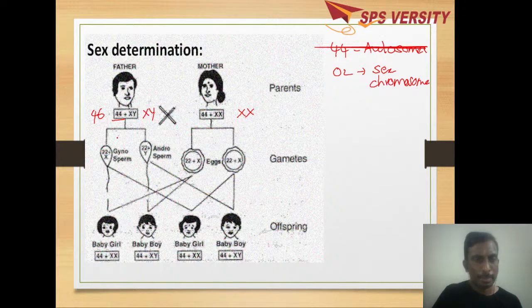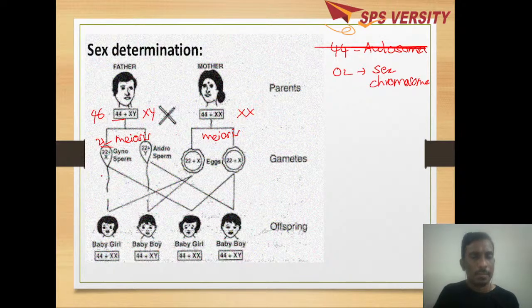Meiosis takes place in both during the formation of gametes. In males, by the end of spermatogenesis, sperms, the male gametes, are formed. In these sperms, there are only half of the autosomes, 22 autosomes, with 1 sex chromosome.